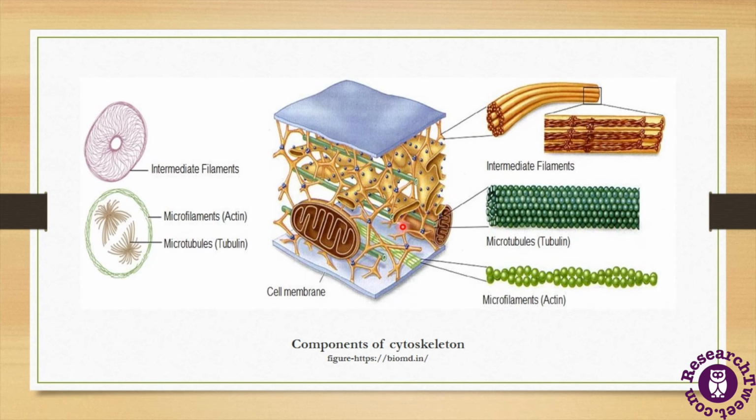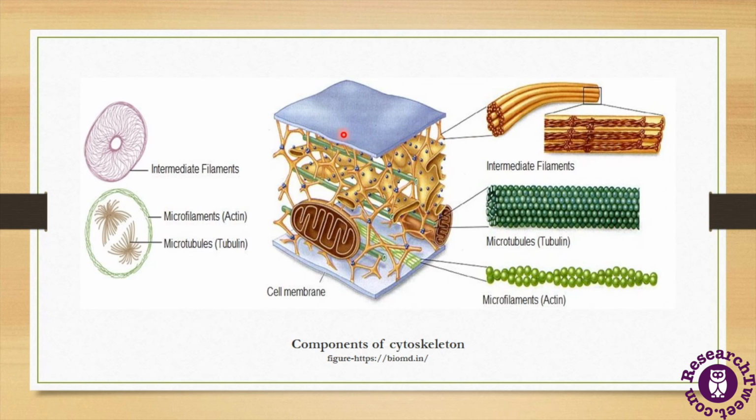With the help of this diagrammatic presentation, we can see the ultrastructure of a cell having the filamentous structure of the cytoskeleton. In this diagram we can see the location of different types of elements of the cytoskeleton and their nature. At the periphery of the plasma membrane, here we can see the intermediate filaments.